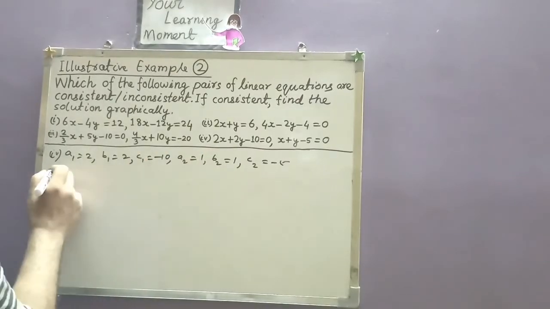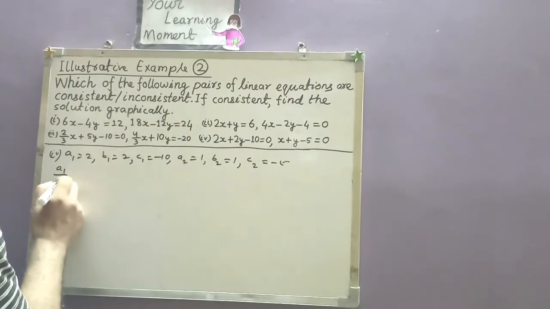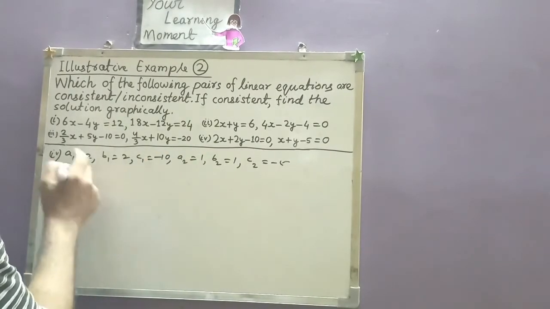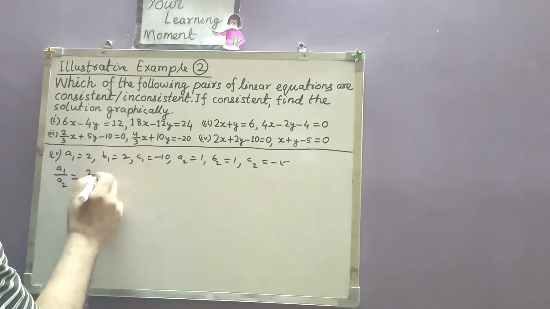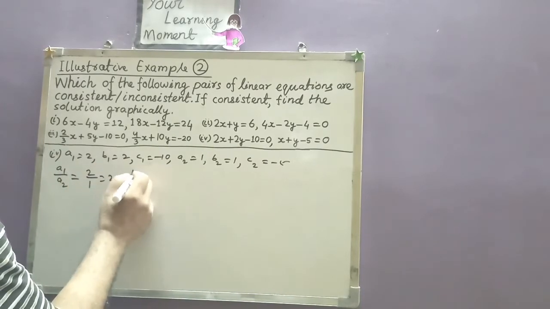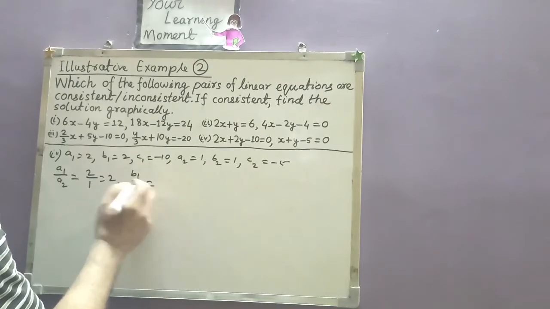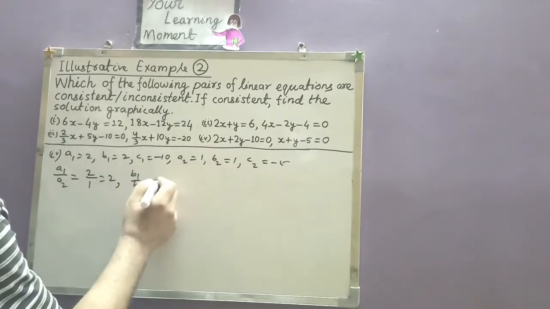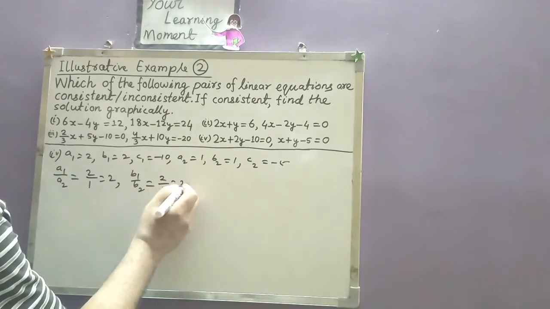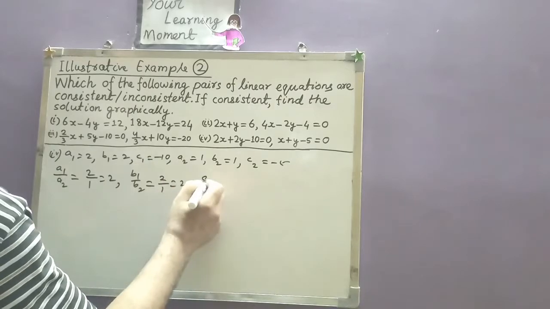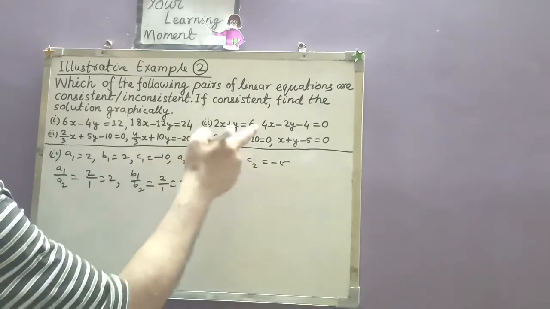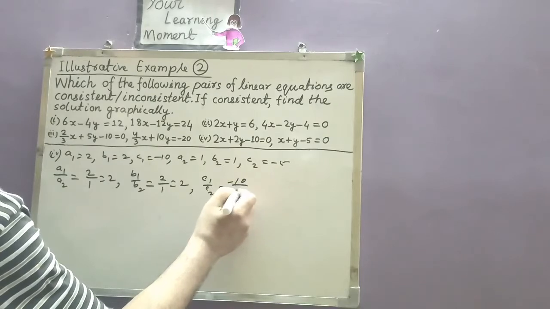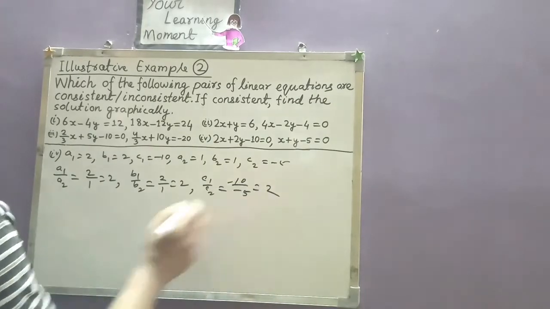Now find the ratios. a1 by a2 equal to 2 by 1, they equal to 2. b1 by b2 means 2 by 1 equal to 2. c1 by c2 means minus 10 by minus 5 equal to 2.